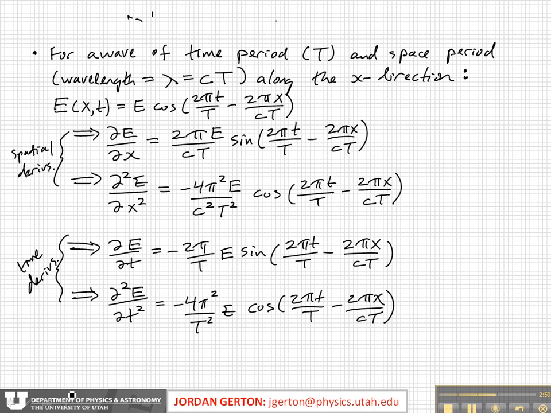Okay, so put all these things together, and what you find is that minus 4 pi squared electric field by c squared.